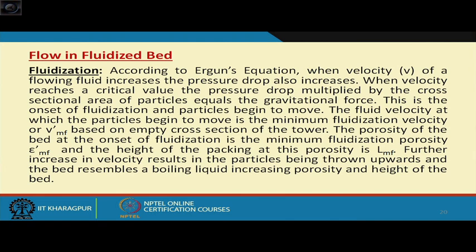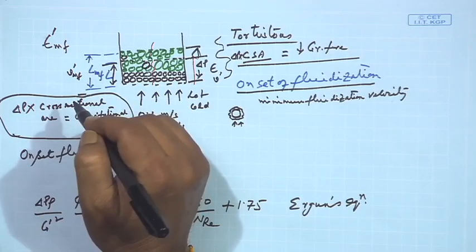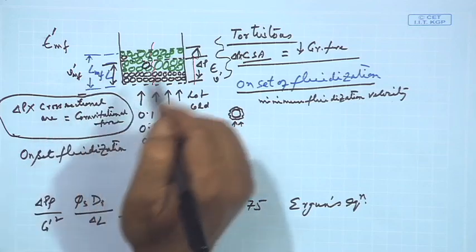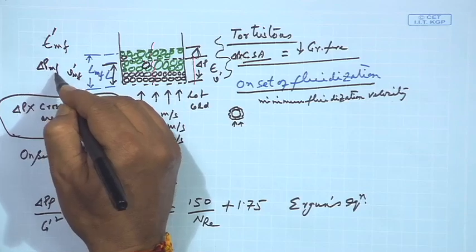If that be true, then when we have obtained fluidization, the corresponding velocity is Vmf prime, the corresponding void is epsilon mf prime, the corresponding height is LMF, and the corresponding pressure drop is delta P mf, right.